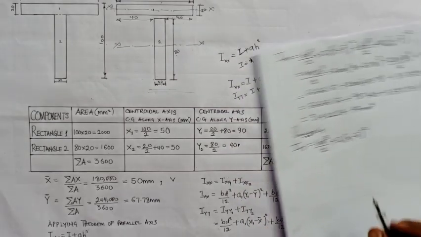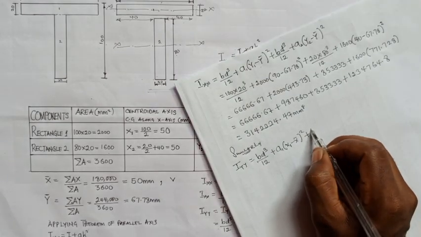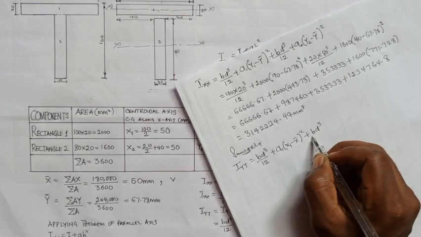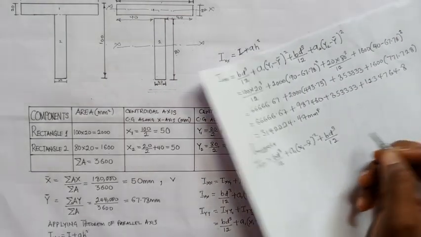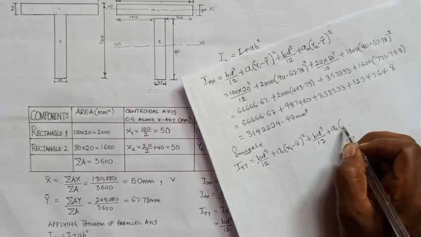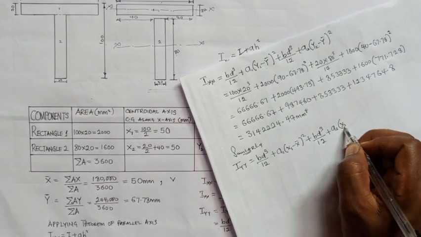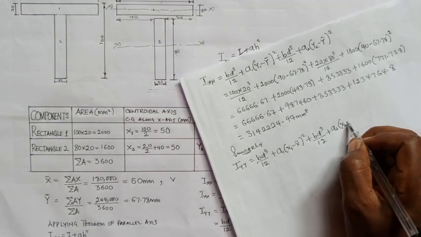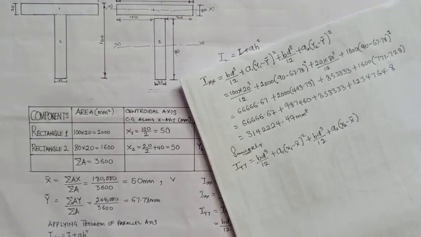This is what I'm rewriting, plus BD cube over 12 plus A2 into brackets x2 minus x bar. That is the moment here.